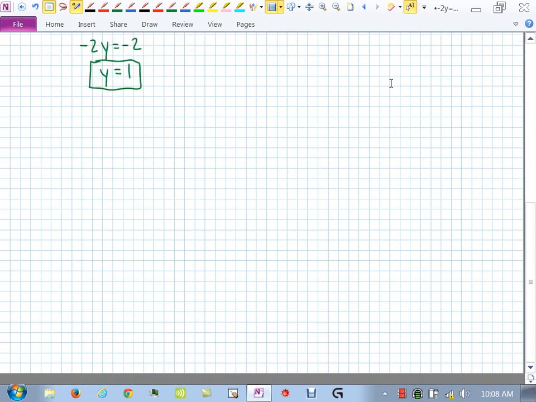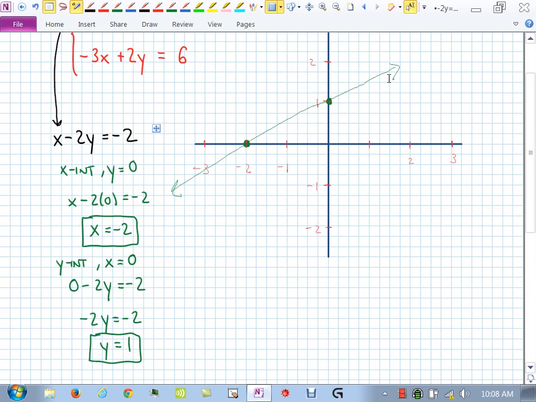All right, you ready to try and graph the other line now? Here we go. The other line, I think I'll use the same method. Okay, I'm going to use the intercept method. So how do I find the x-intercept? Set y to 0.